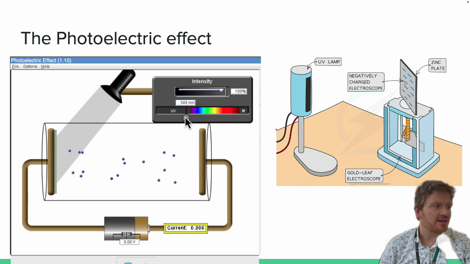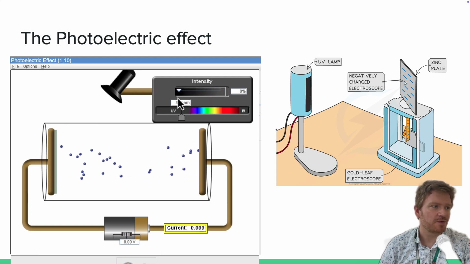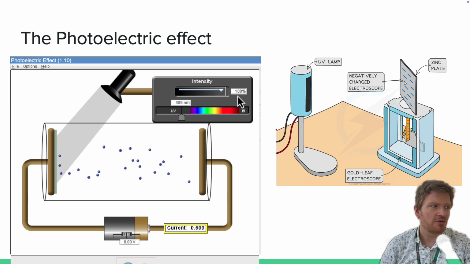However, if I get different light sources, and I make the light source more ultraviolet, these electrons do get faster. Still, if I turn down the intensity, I get fewer electrons. Increase the intensity, I get more electrons.